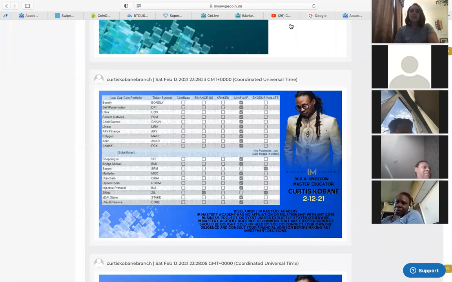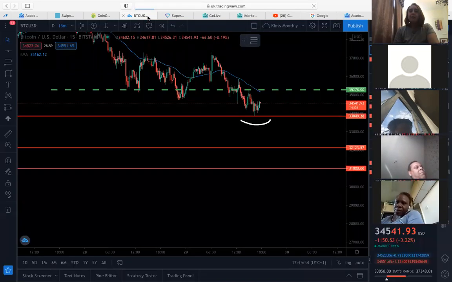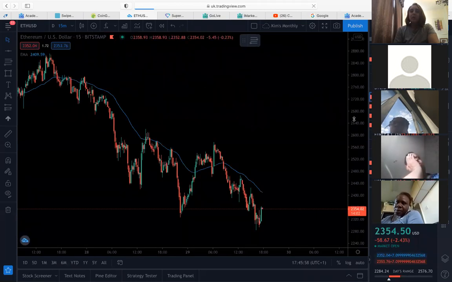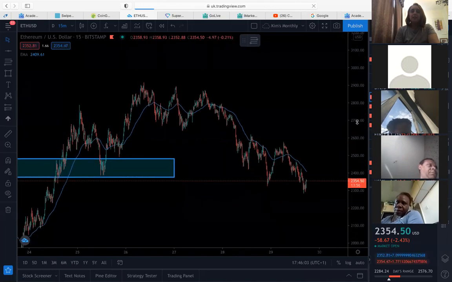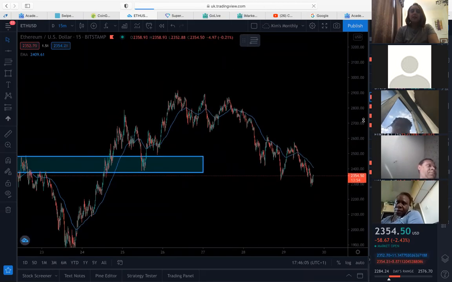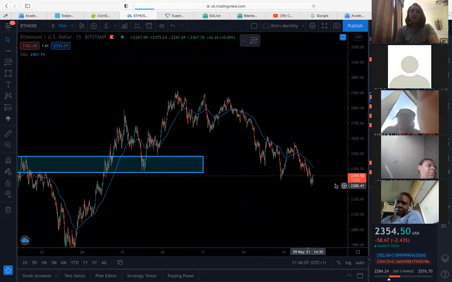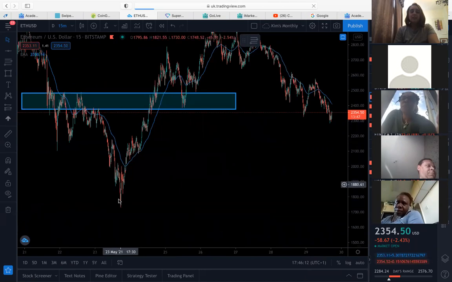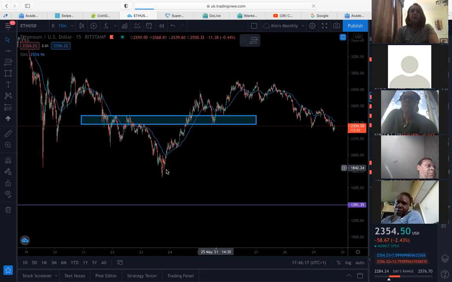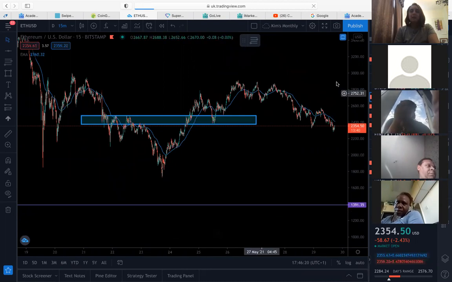Perfect. And then the same thing with ETH, guys. We've had some amazing entries for our wallet for ETH over the last couple of weeks. You can see right here that we're still at good prices. Obviously, we had these lows that got put in right here, but we've had amazing buying opportunities for Ethereum.